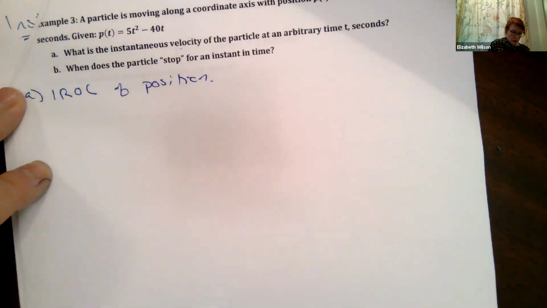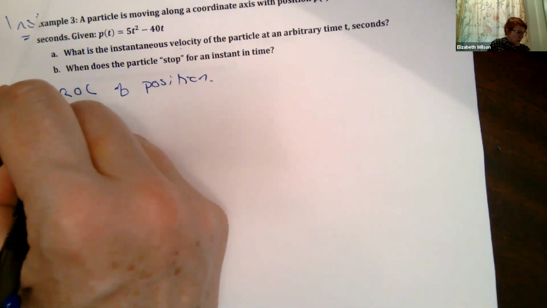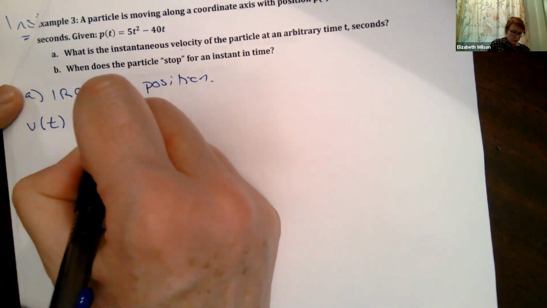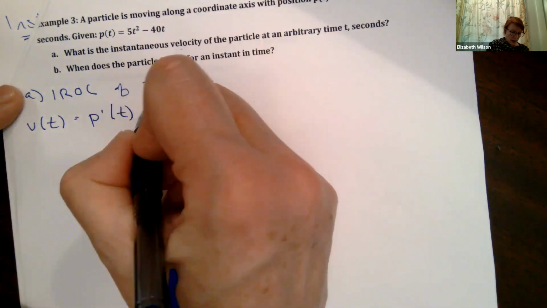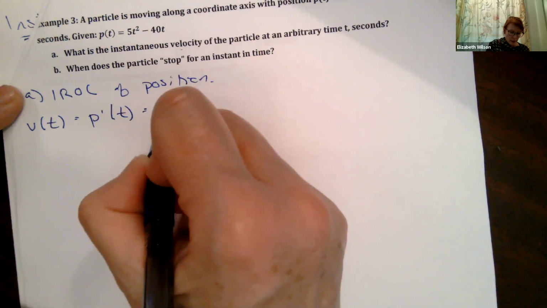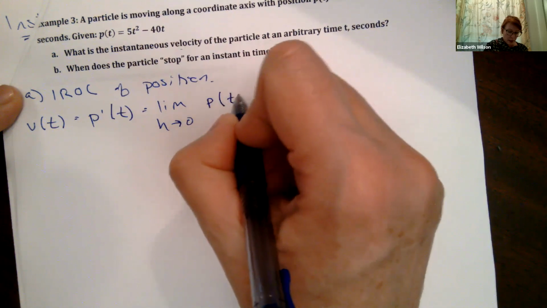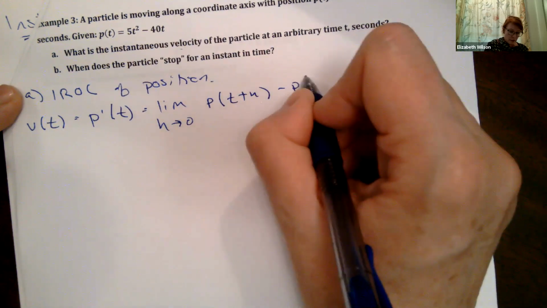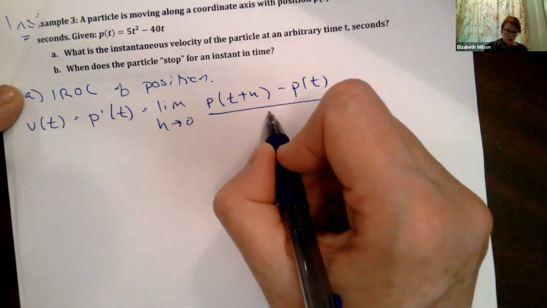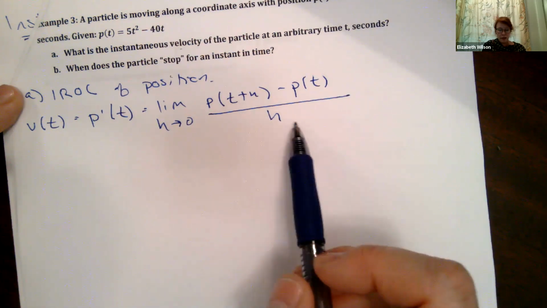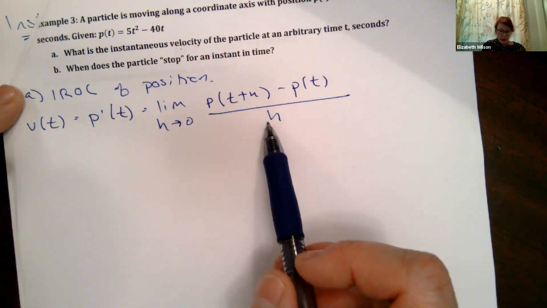So my velocity equals the derivative of position, which means I'm going to take the limit as h goes to 0 of p of t plus h minus p of t, all over h. Remember, it was t plus h minus t, but I'm just going to truncate it down and say h.